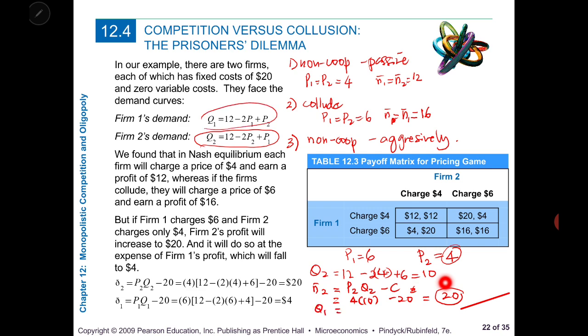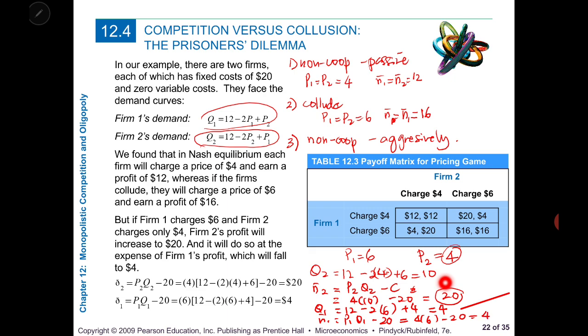Firm 1's quantity here will be 12 minus 2 times 6 plus 4, which is going to be 4. So that's a quantity 4, and profit for firm 1, just P1 Q1 minus 20 equals... Okay.